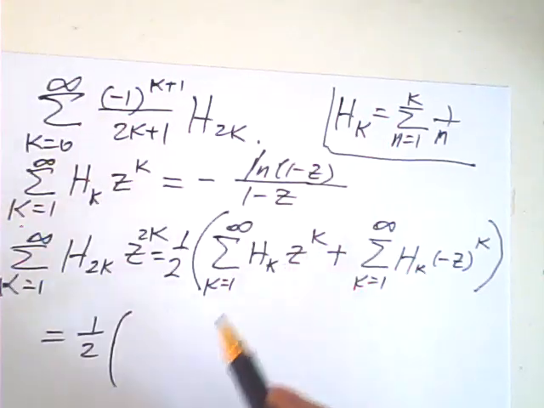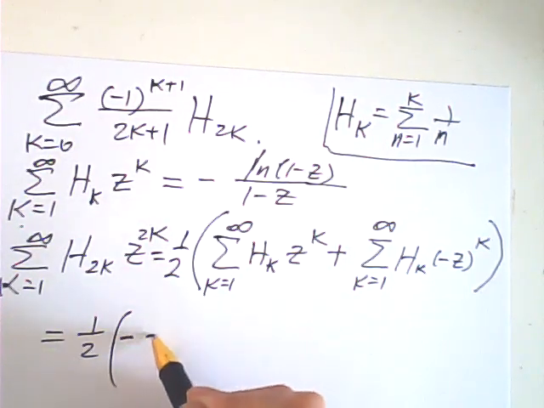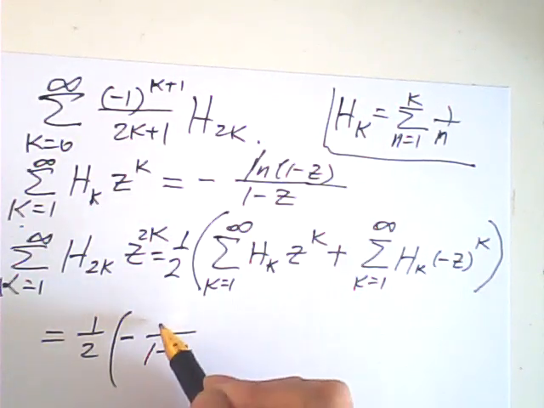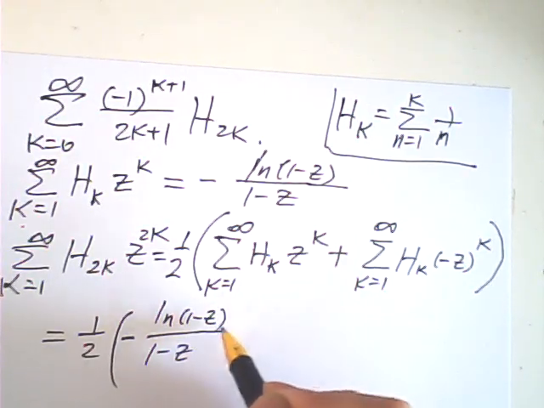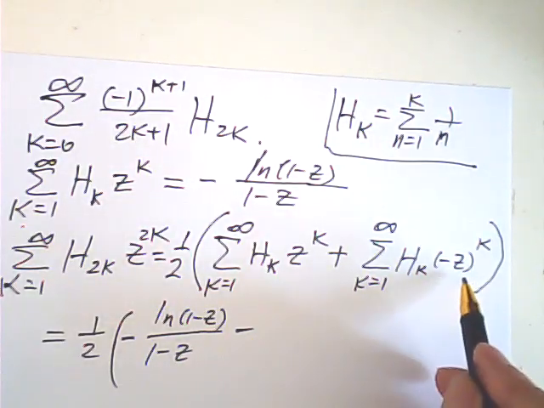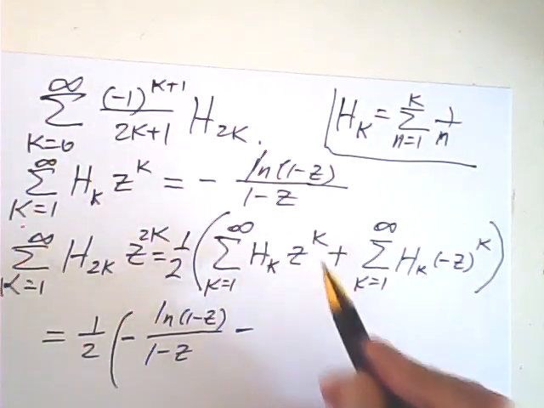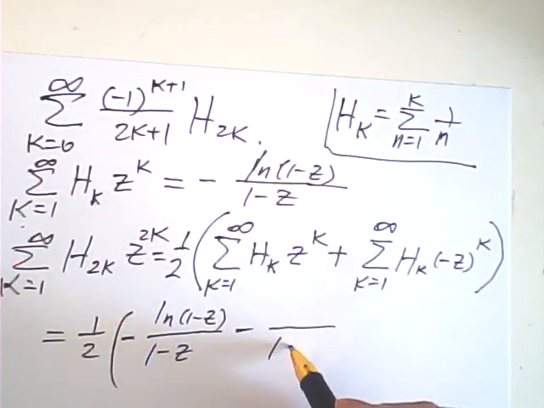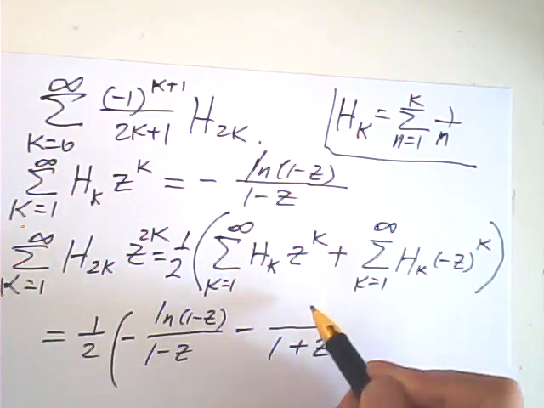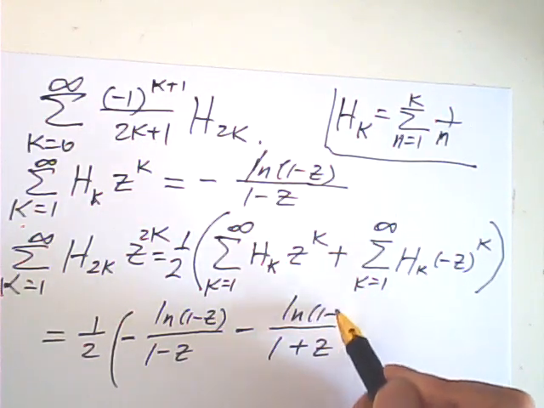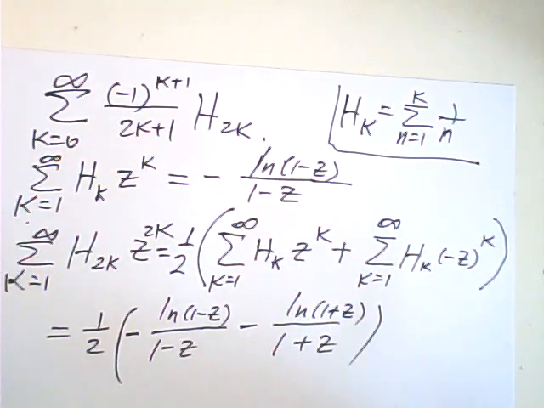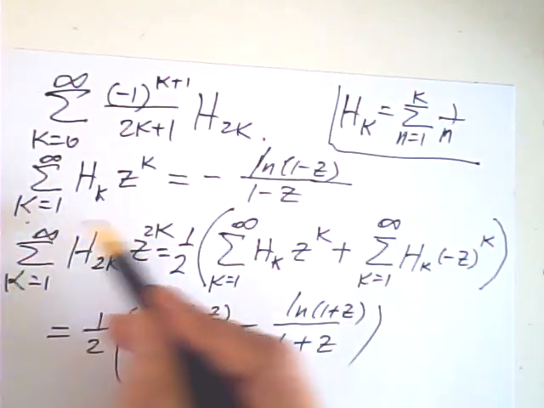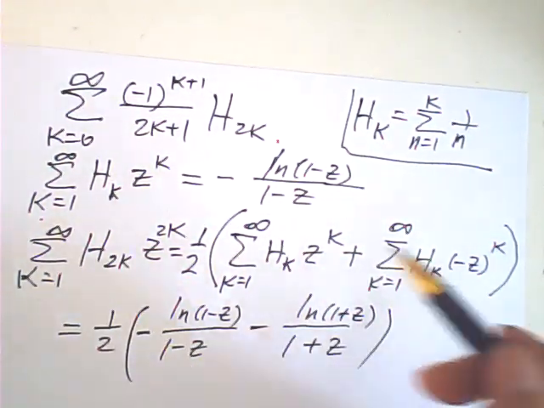This one, I use the formula, is negative log of 1 minus z over 1 minus z. This one, I use the formula with 1 plus z, right? Log 1 plus z. That is equal to this. That is what we want.